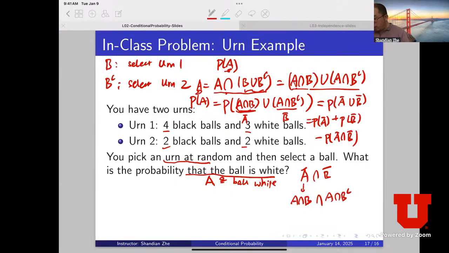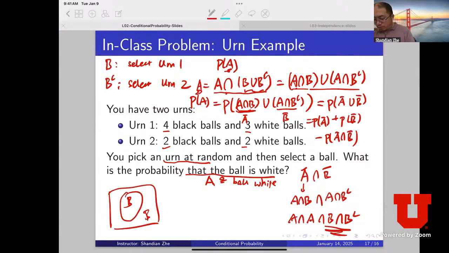So if you switch their orders, you see, this is A intersection with A, intersection with B, intersection with B complement, right? So for this guy, we know B intersection with B complement must be empty, right? This is your B, this is your B complement. You intersect them together, it's empty. And then an empty set intersect with any set is empty.